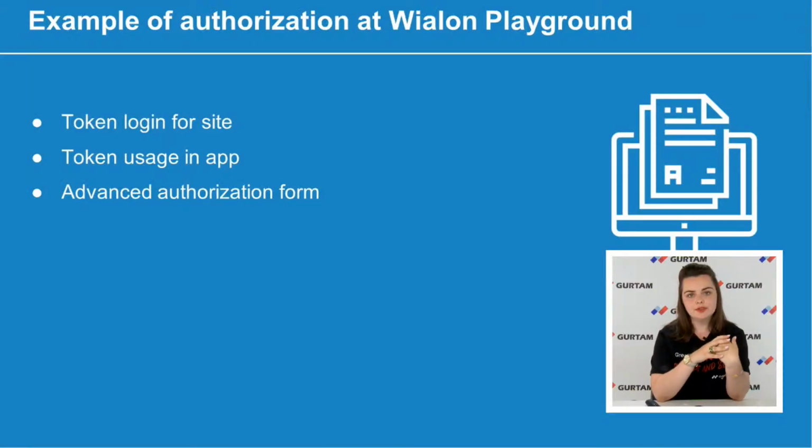First, you need to write code for authorization in the system. As you can see in the examples, there are several implementation options in Wialon Playground. Let's discuss them now. We have three authorization examples in Playground: token login for site, token usage in app, and advanced authorization form.